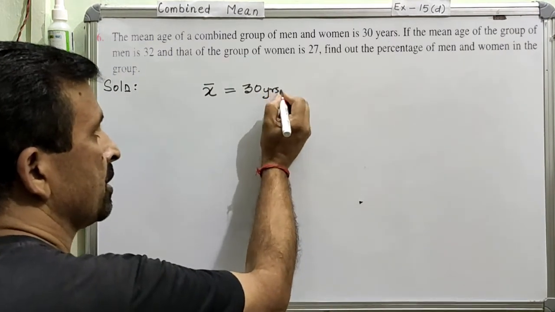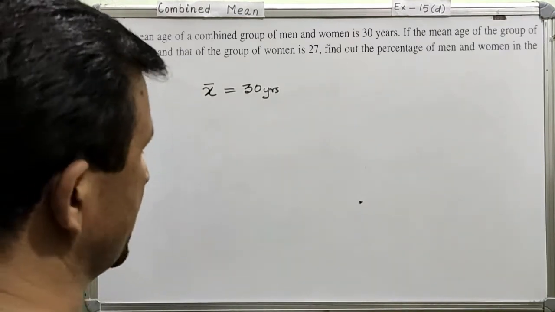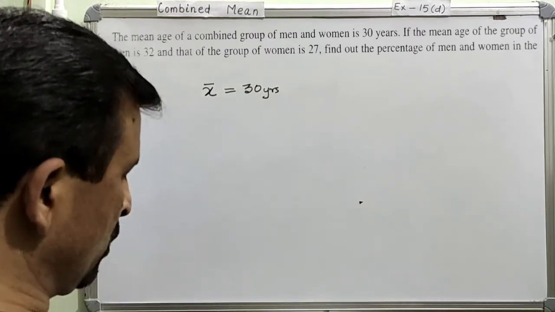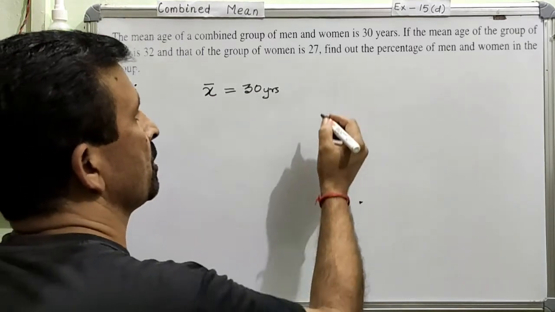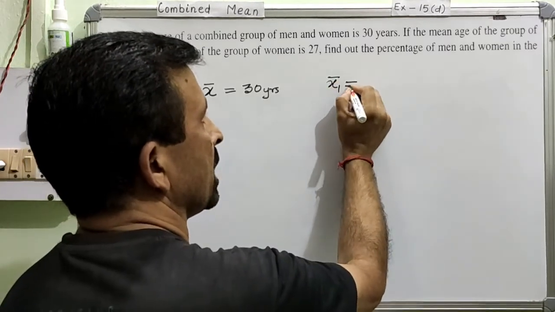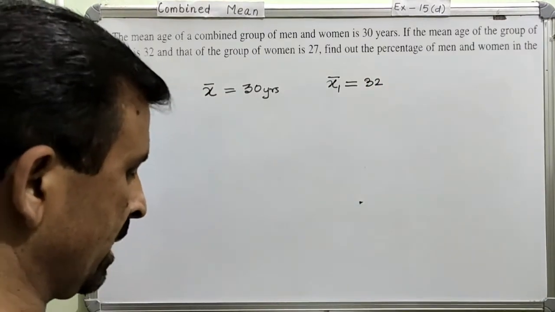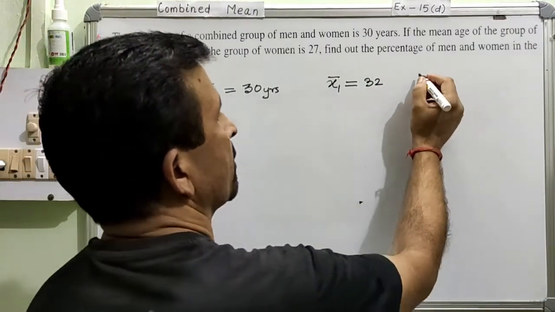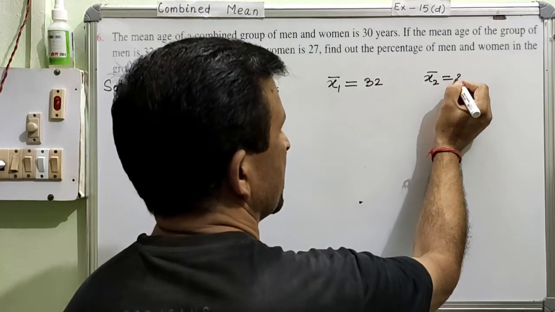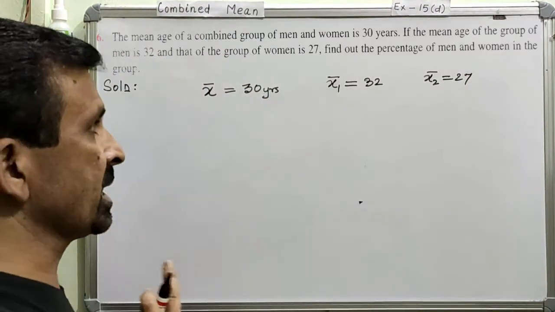Clear? Now, if the mean age of the group of men is 32, the mean for the men is 32 years. And then for the group of women, the mean age is 27.